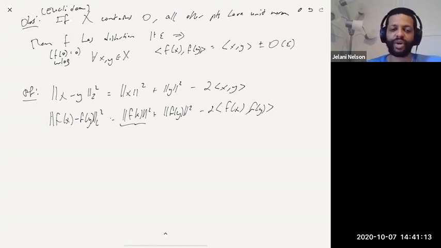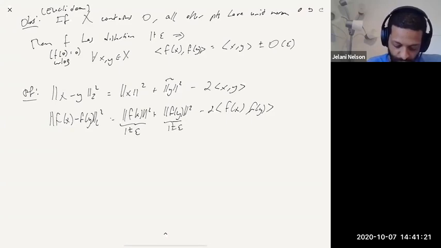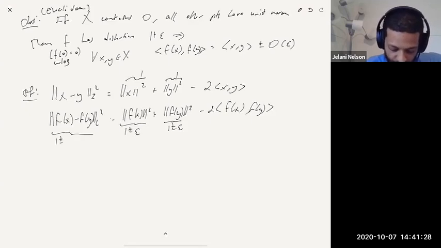So f of x has norm between 1 minus epsilon and 1 plus epsilon. So this is 1 plus or minus epsilon. This is also 1 plus or minus epsilon. This is 1. This is 1. This is equal to 1 plus or minus epsilon times x minus y L2 norm squared.